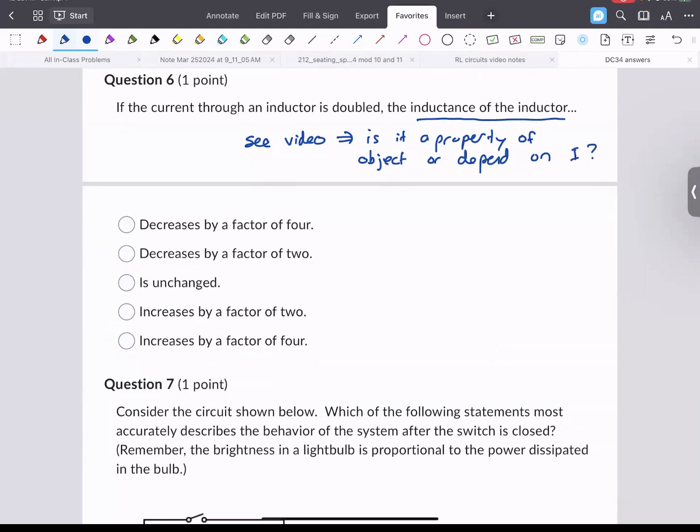Don't just look at that initial equation. Recall that for capacitance, C was equal to Q over V, which made it seem like C depended on Q and V. But when you went through that derivation, C was a property of the object. So look back at the video when I talked about the inductance of a solenoid, and you'll see what I mean about this question.